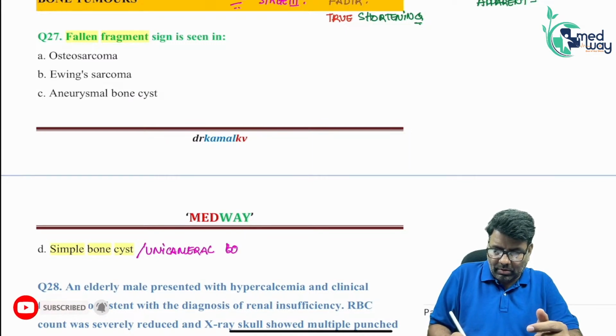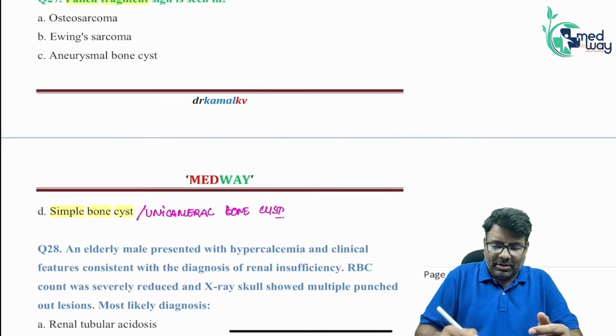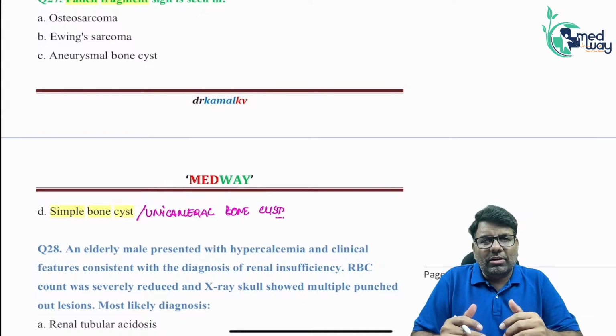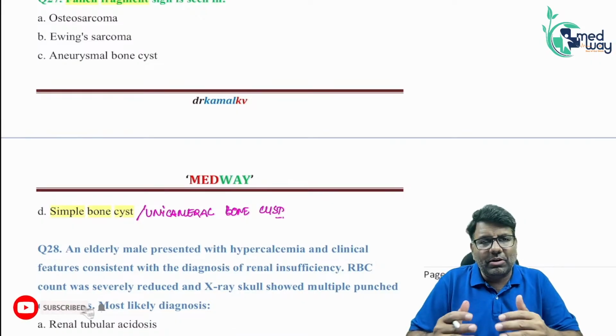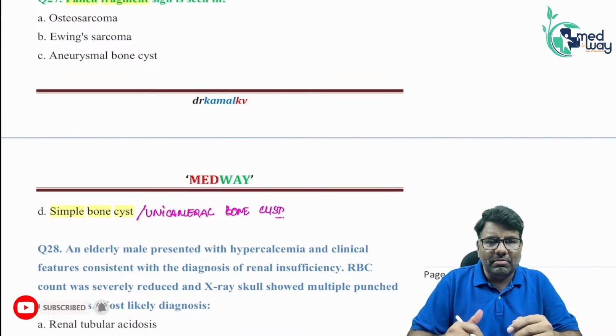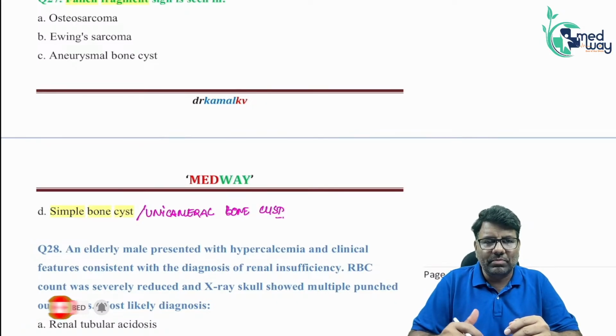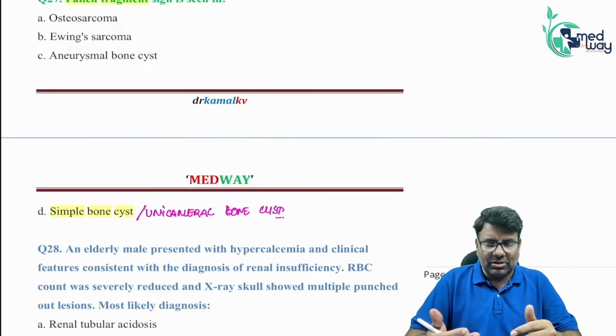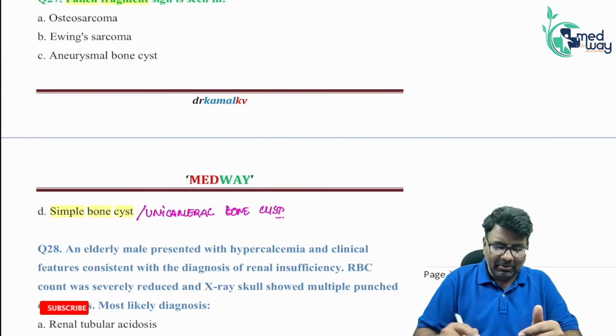Unicameral. Right? So what happens here? A fragment of the cortex will break and sink to the floor of the cyst, and it is known as the fallen fragment.